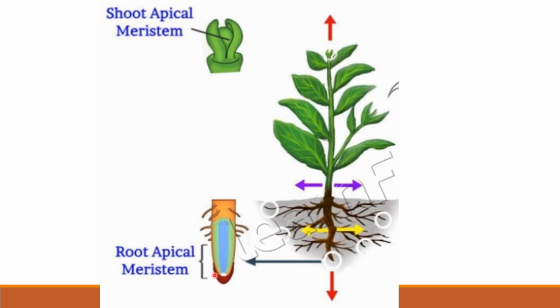The root cap prevents the cells in the apical meristem from rupturing. There is a root cap as well which helps in the growth. On the tip of the root there is the apical meristem, and the root cap is covering and protecting it.